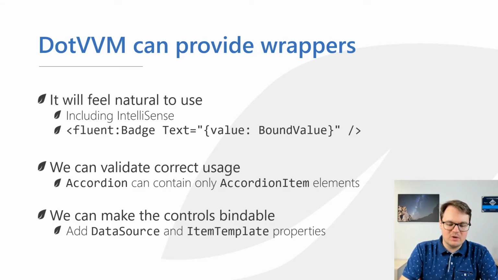Or for example, we can add the data source and item template properties. So if you want to use the accordion control, but you don't have static accordion items, you want to generate them from some collection in the view model, this will be possible thanks to the wrappers. So we are looking into creating wrappers over Fluent UI.